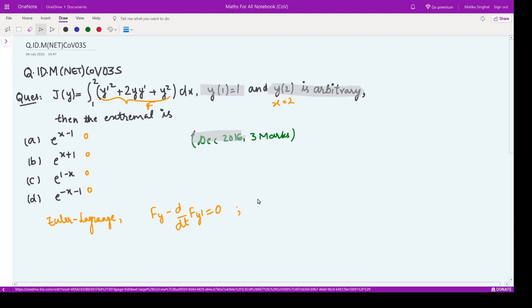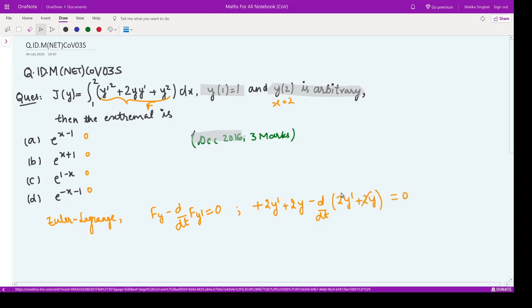So let us calculate f_y, the partial derivative of f with respect to y. That would be 0 plus 2y dash plus 2y, minus d/dx of f_y dash. What is the derivative with respect to y dash? It is 2y dash plus 2y, equal to 0.